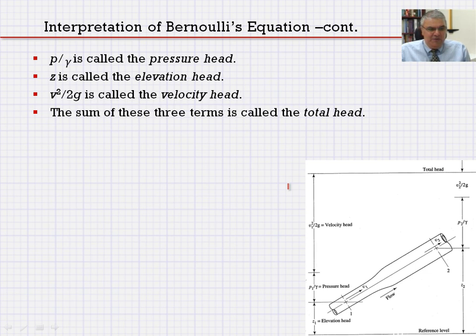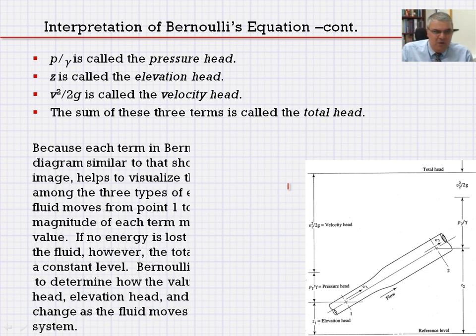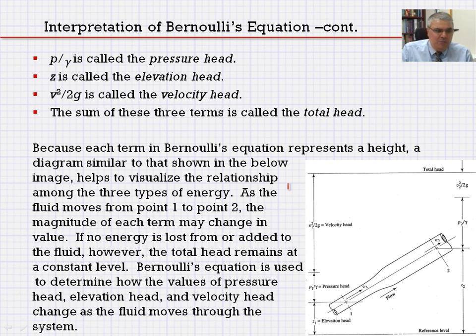That is the contribution of pressure due to each of these different parameters. The sum of these three terms is called the total head, which I'm sure you've heard for those that have dealt with pressure and fluid mechanics in the past.